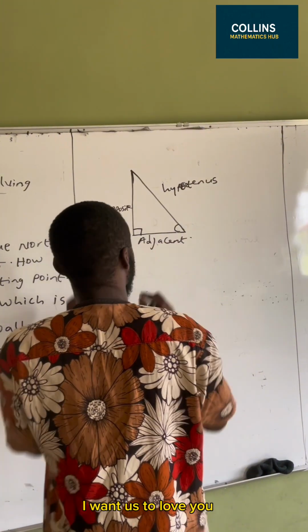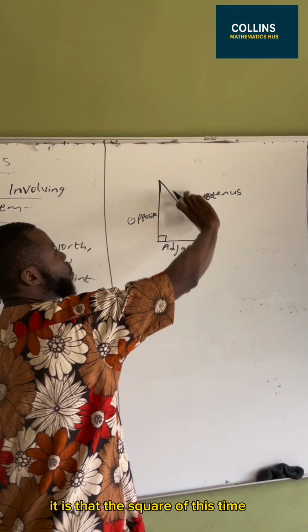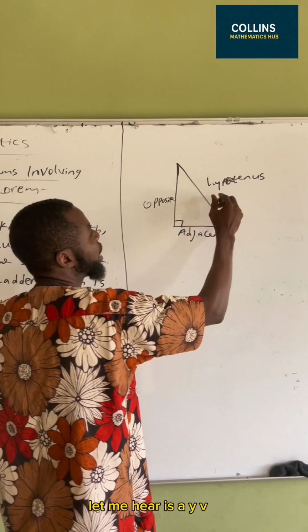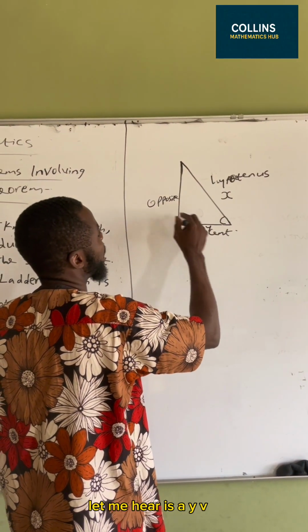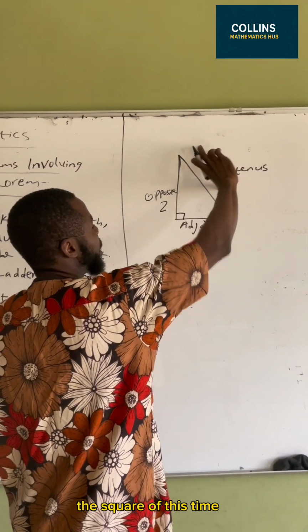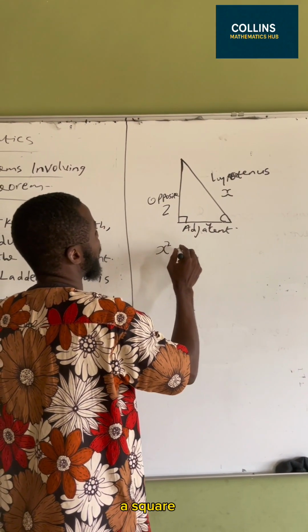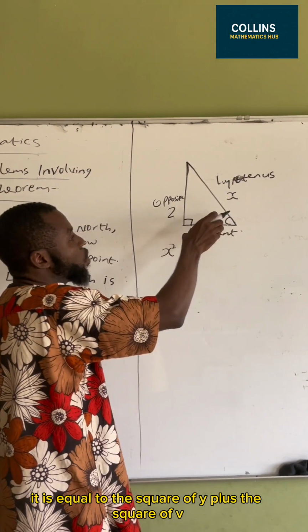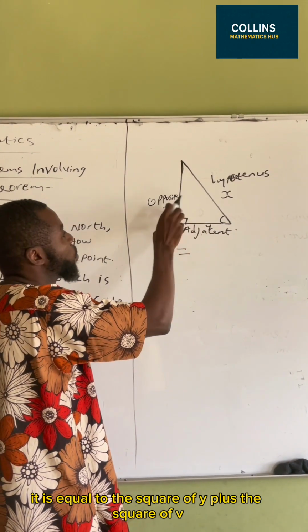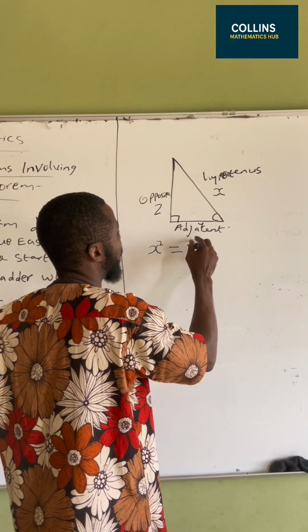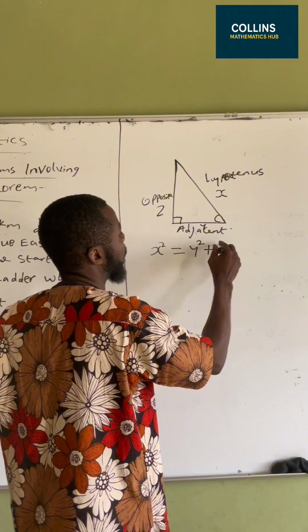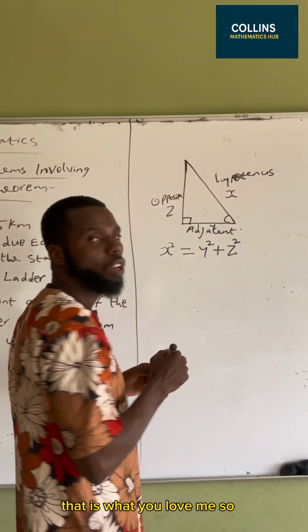And what does the law say? It says that, let me say the sides are x, y, z, the square of this side, x squared, is equal to the square of y plus the square of z. That is what the law says.